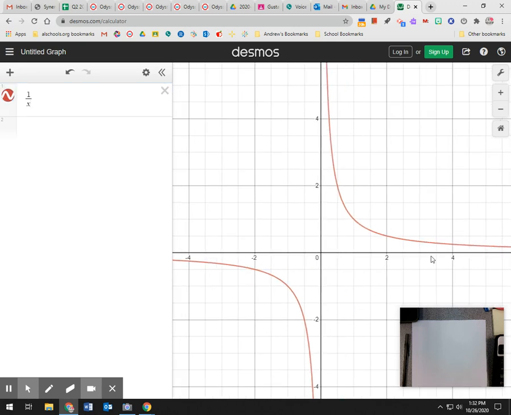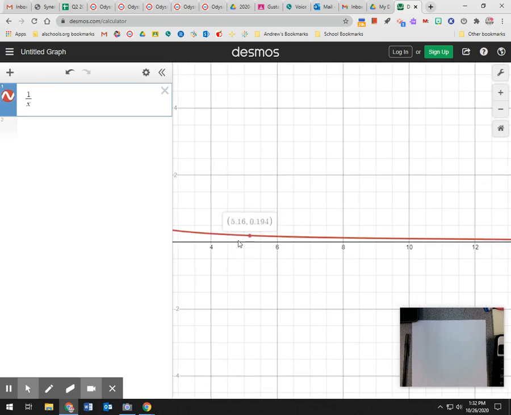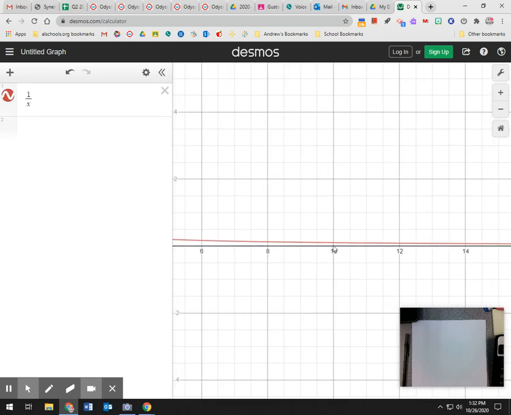The horizontal asymptote, the back and forth one, is saying as x goes towards infinity, as x gets really big, 1 over 4 is 1/4. That's a pretty small number. 1 over 10 is 1/10.